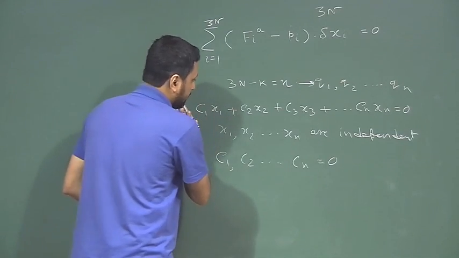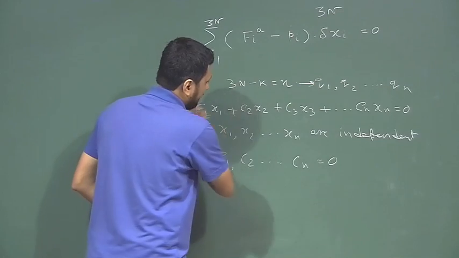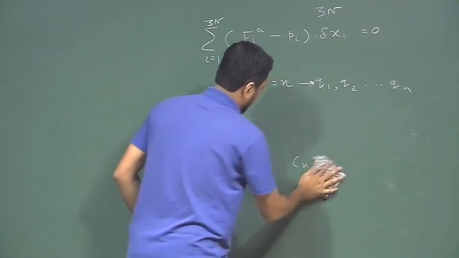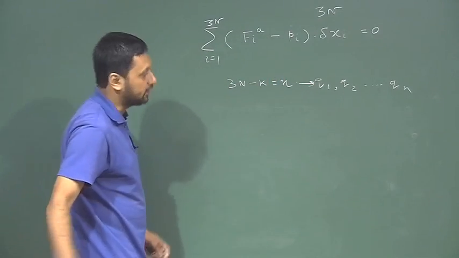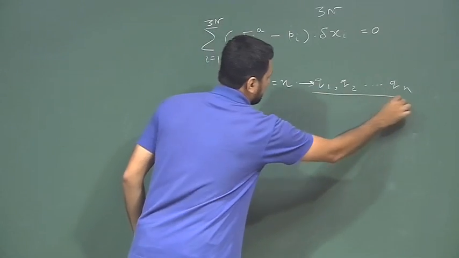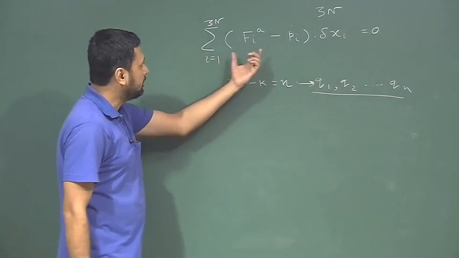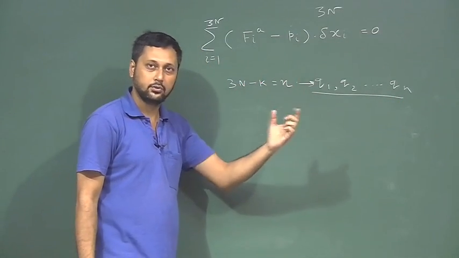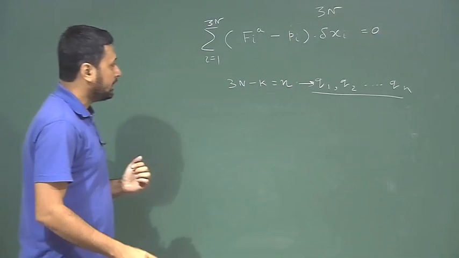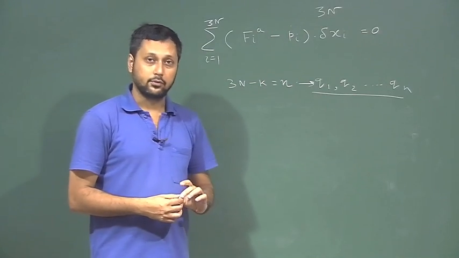So what I am trying to tell you is, if we can convert D'Alembert's principle in terms of these independent coordinates, then we can individually equate each of these coefficients to 0. But before that, it turned out there is another way of doing it.